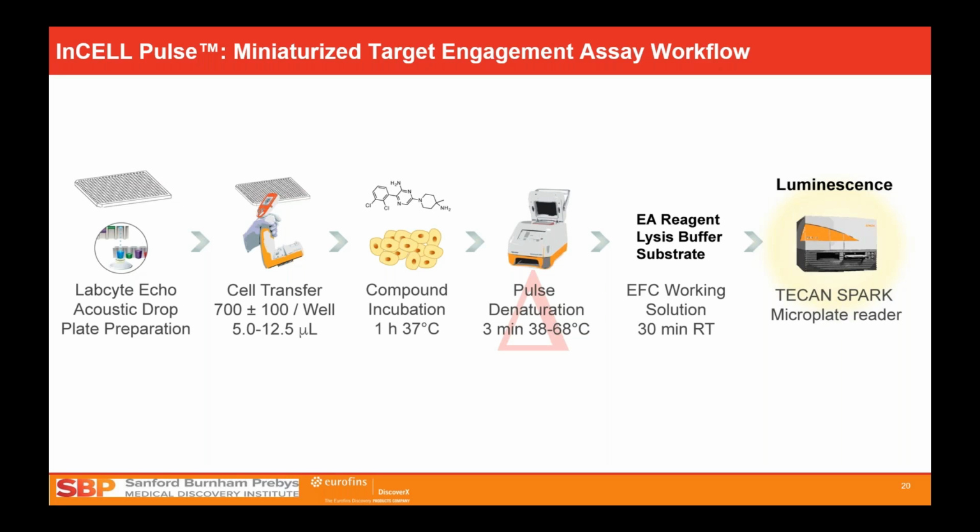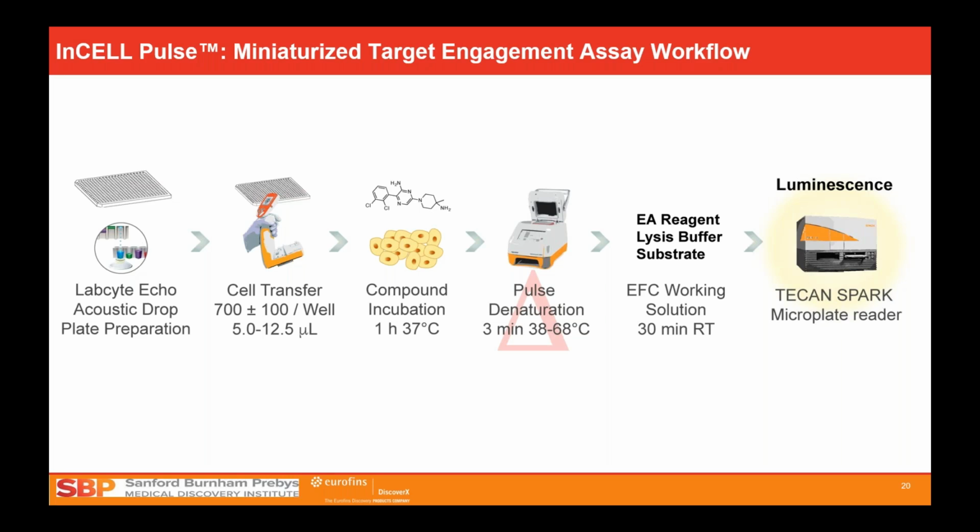On the left-hand side, the first thing we would do is get plates with compounds or control and have those prepared. Then second step, you have cells which are stably or transiently transfected. You apply them to the compounds in the wells, about 600, 700 cells per well, and we use from a 5 to a 13 microliter volume for this incubation.